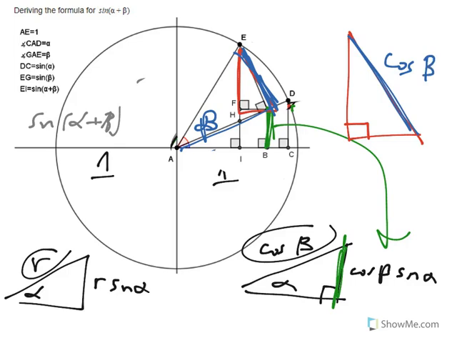Now, this angle alpha is here, but it's also in a bunch of other places. And one of them is this little tiny angle right over here because of alternate interior angles.